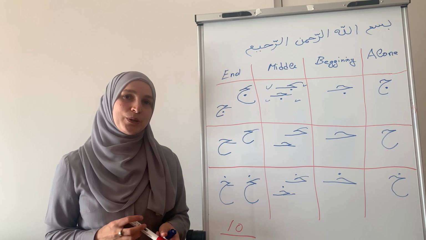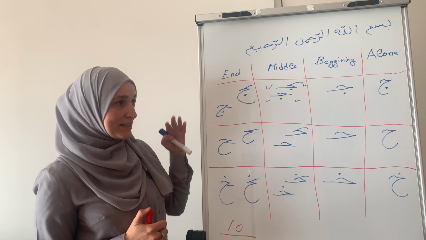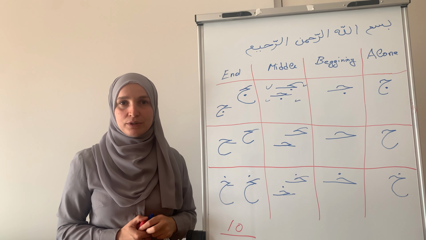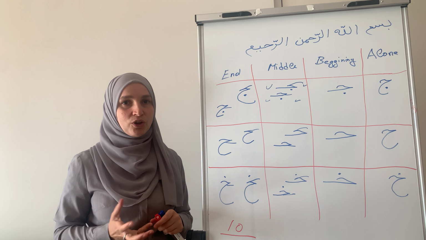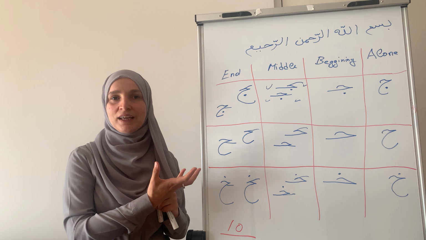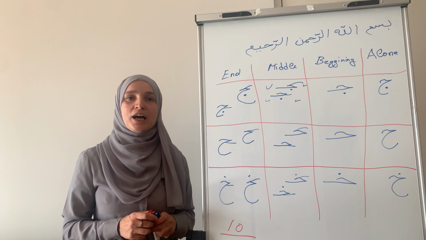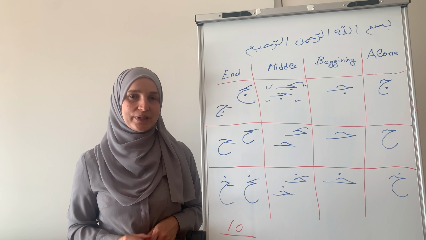In this way, you can memorize the letters. These are the letters for today: Jim, Ha, Kha, and we learned previously Alif, Ba, Ta, Tha. In total, these are the first 7 letters. By Allah's help, inshallah, next lesson, I'm going to give you the 4 other letters.